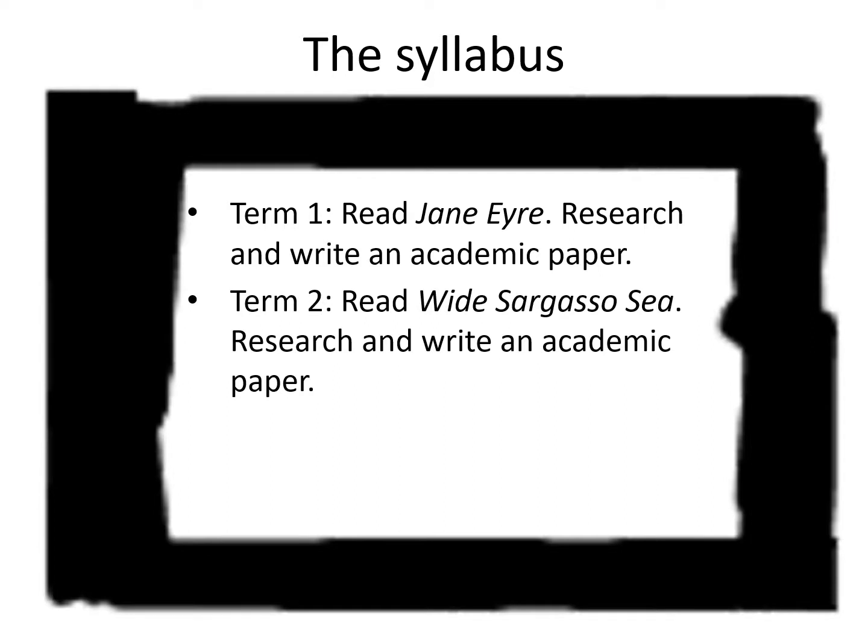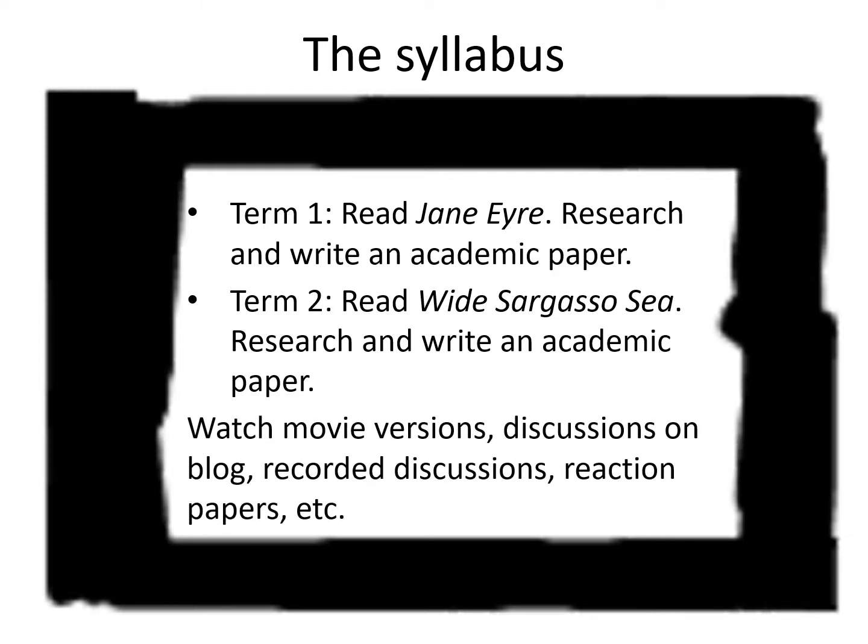And then in the second term, we did Wide Sargasso Sea. There were a variety of activities along with that, like watching movie versions, having a blog for the class so that they could put their discussions up, they could exchange views, recorded discussions using the call room.